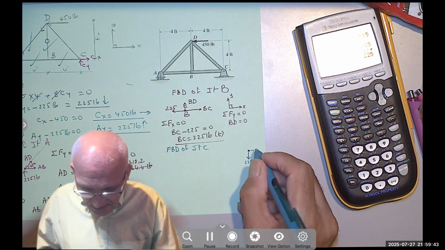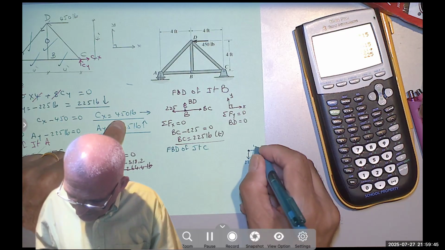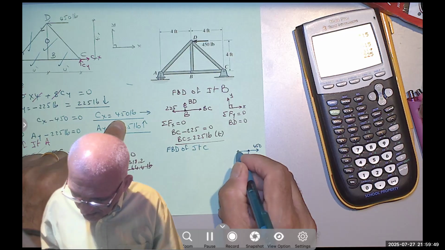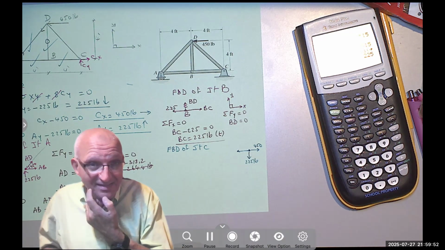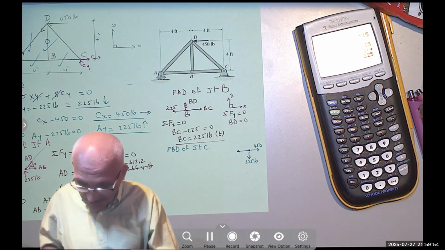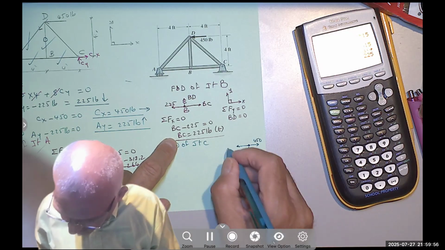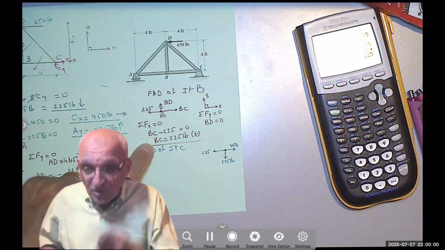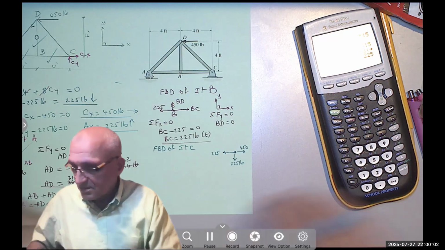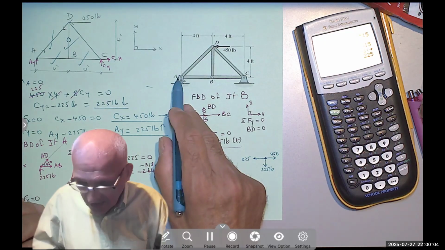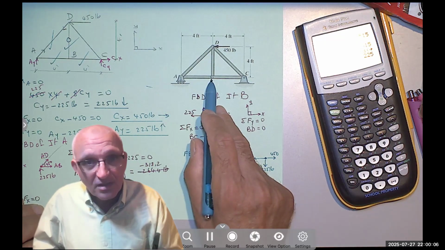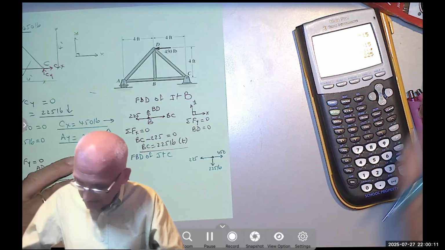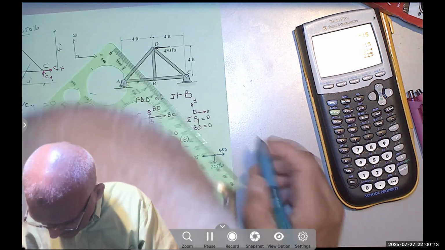CX is 450 to the right. BC, we already found it. It's 225 to the left. So I only have one unknown. So I use 2 here and 2 there, 4. And here I'm going to use this equation. So I have CD.